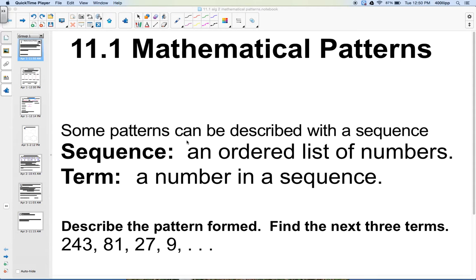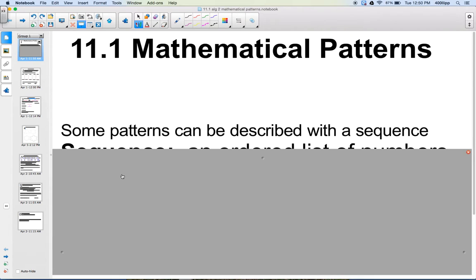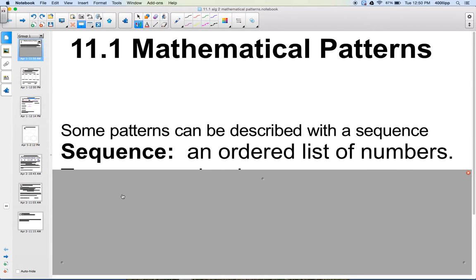Okay, today we are going over 11.1 mathematical patterns, and this is the start to chapter 11, which is on sequences and series. So let's take a look here first at what a sequence is. A sequence is just an ordered list of numbers. Some patterns can be described with a sequence.